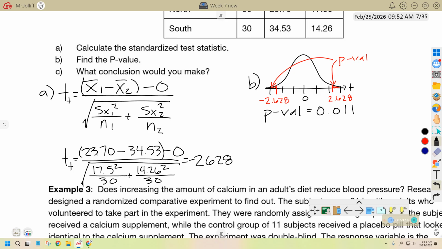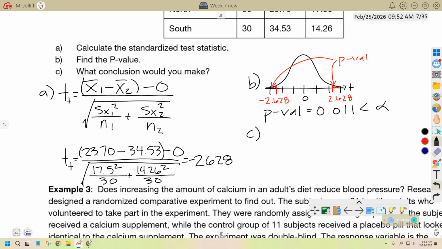Perfect. Out of curiosity, on page 1 of 7D, what significance level were they asking us to use originally? 5%. So that's less than my alpha of 5%, 0.05. If my p-value is low, what do I do? Reject H0.